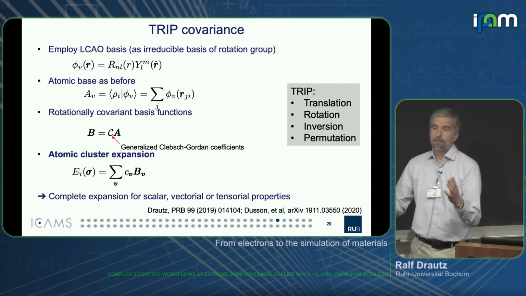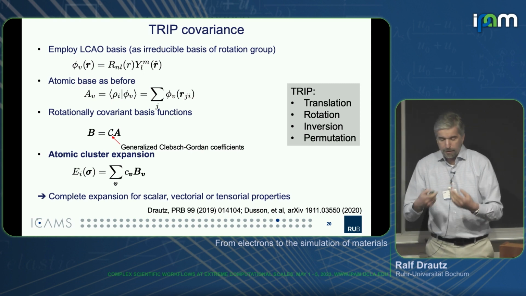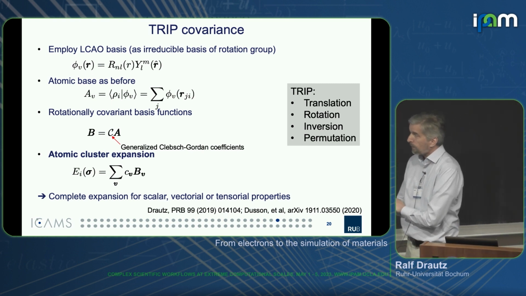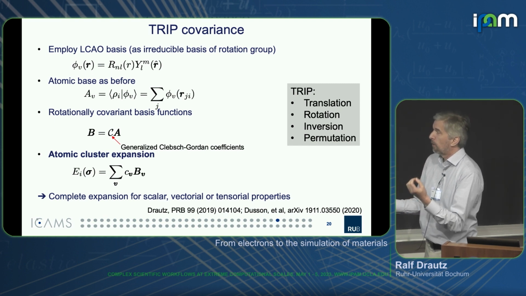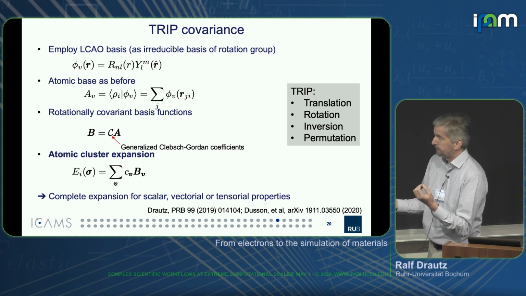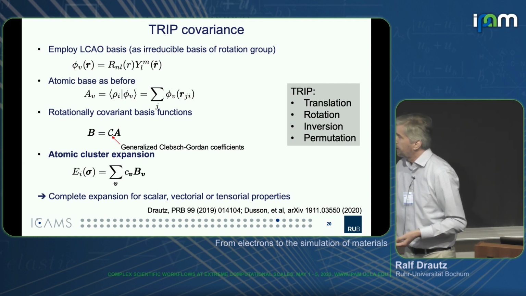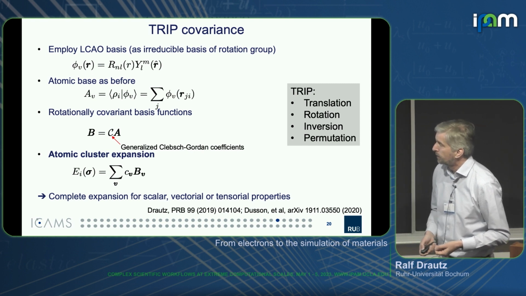Because after all, at the end, we are interested only in the part that is rotationally invariant. So we throw out everything that is not rotationally invariant for a potential. And these are then basis functions for the space of local atomic environments under the constraint that they need to be rotationally invariant. So we can rewrite the expansion in terms of these basis functions.